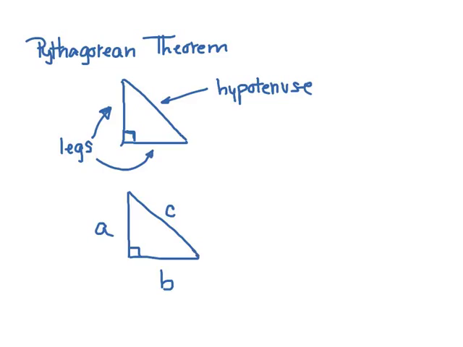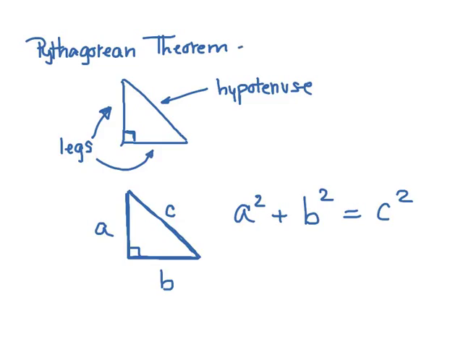So it's important that you be able to identify the three different sides of a right triangle, right? The two sides that make up the right angle are called legs, and then the third side is called the hypotenuse. So the relationship is that if I square one leg and then add it to the square of the second leg, that equals the square of the hypotenuse.